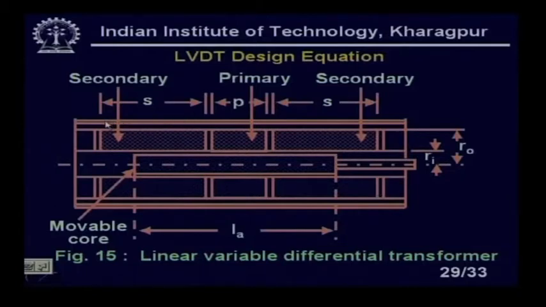The length of the secondary we have given as S, and the length of the primary as P, with two identical secondaries of equal length. Ri and R0 are the inner and outer radii of the LVDT assembly, and La is the length of the armature, or length of the core. This is our movable core, please note.